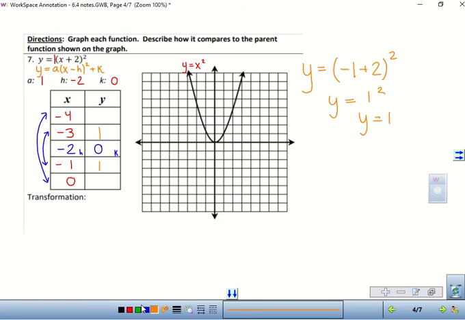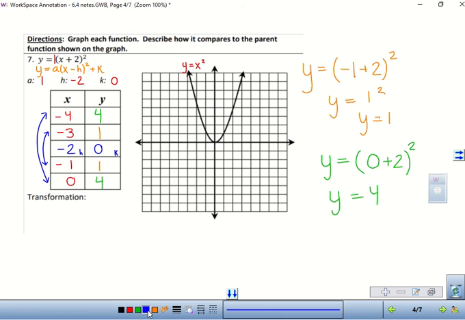The -3. Good. Now we're going to plug in the 0. So that's going to be y equals 0 plus 2, to the second power. 4. So this is going to be 0, 4, and -4, 4.